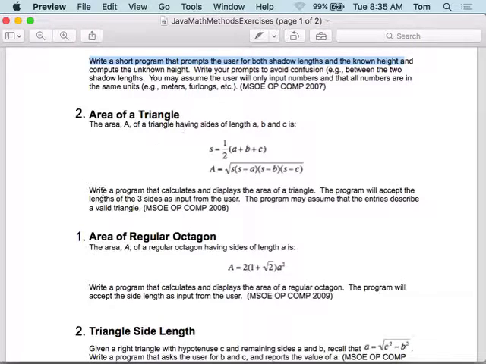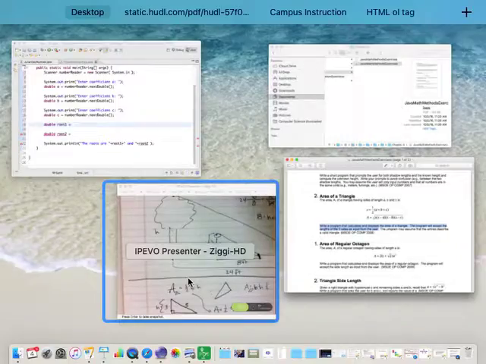So for this problem, area of a triangle, you're writing a program that calculates and displays the area of a triangle. The program will accept the lengths of the 3 sides as input from the user. Okay? So you're going to ask them for side A, side B, and side C, and then do this math to figure out what the area is.